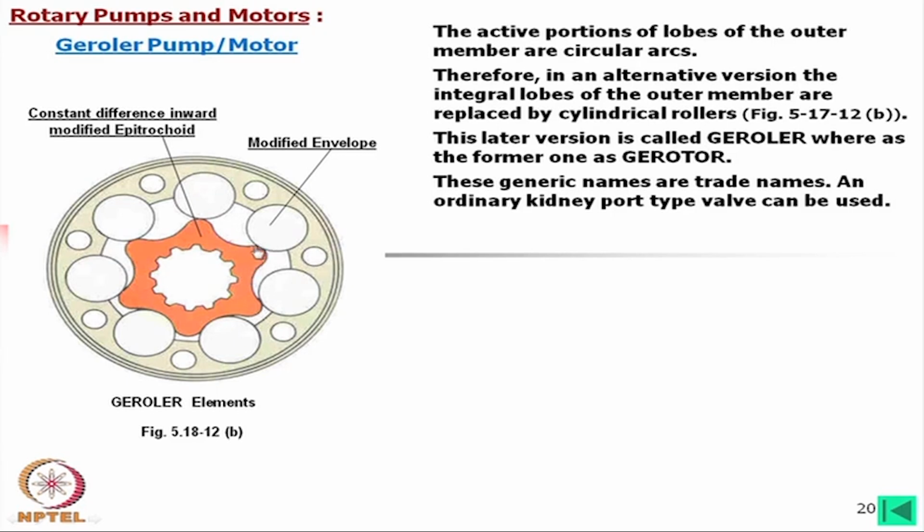In this case also, at one point one side is high pressure and the other side is low pressure, so there will definitely be leakage through this contact. To reduce that, we have to make such components very accurately. With the integral one, initially the leakage is less, whereas with the roller type, although the leakage is more, we can replace the roller and the life is longer.